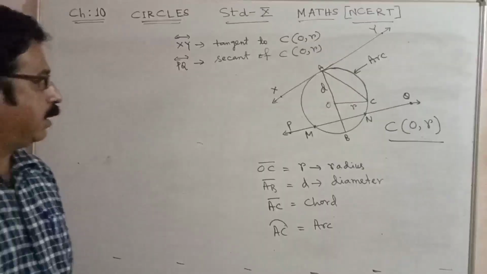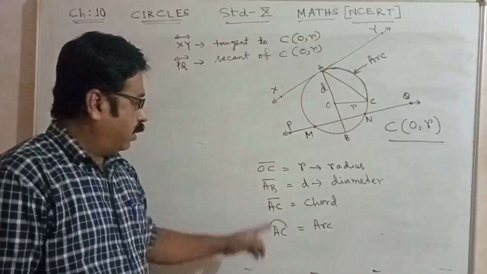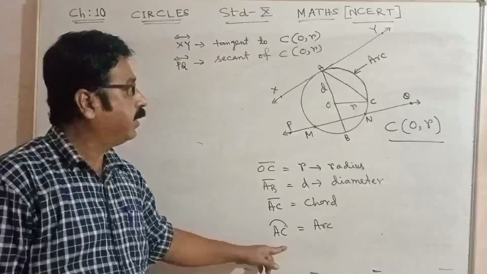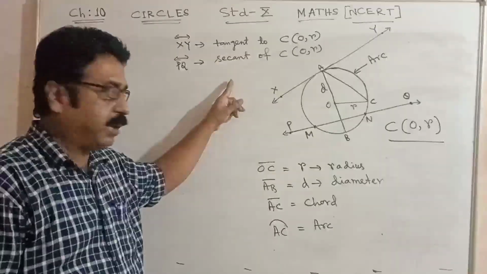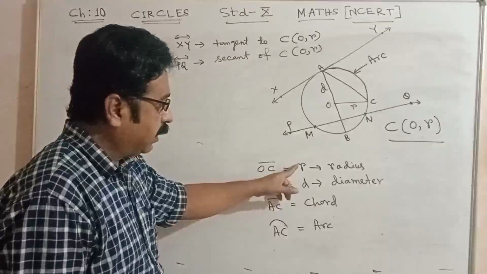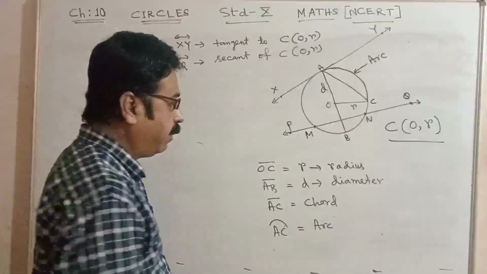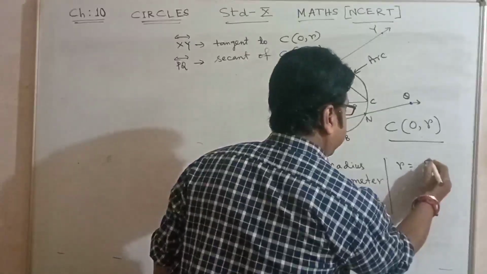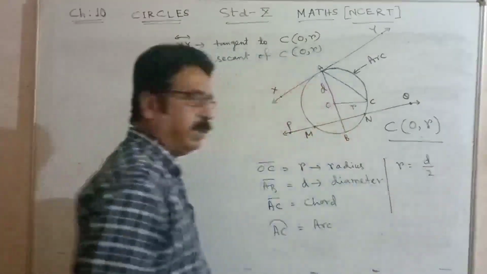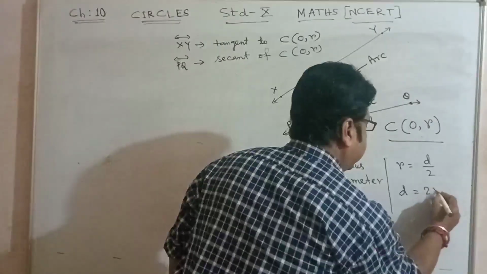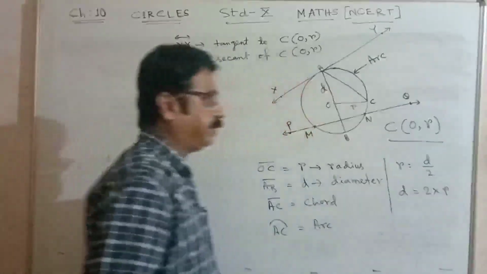So about the circle, we know the radius, diameter, chord, arc, tangent, secant, and the relation between the radius and diameter also we know, because R we get as diameter upon 2, means half the diameter, and diameter is twice the radius, means 2 into R.